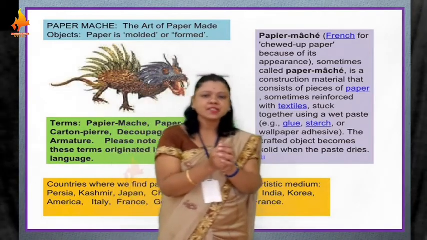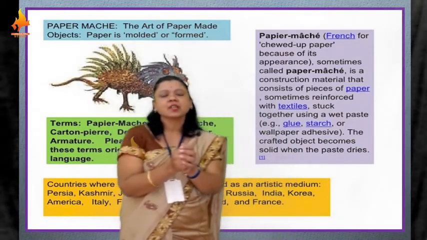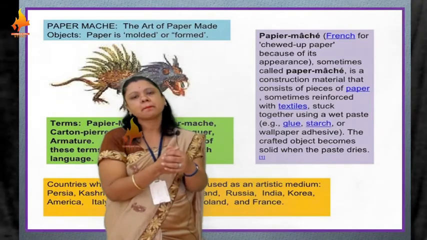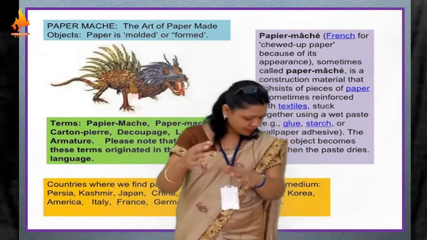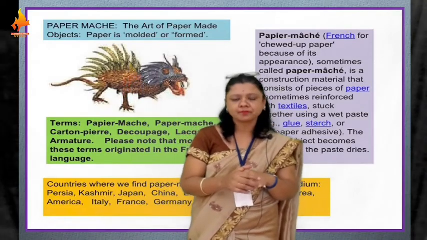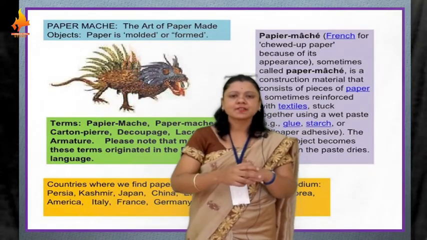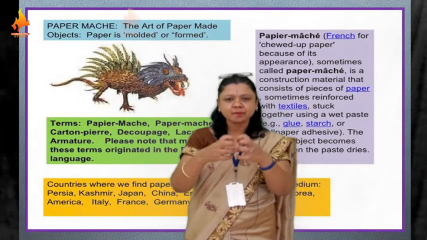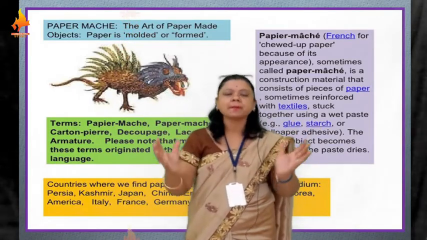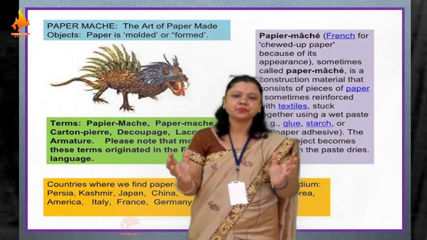And the crafted object becomes solid when the paste dries. So, my dear students, only those things are not sufficient. If you want, you can add more things to make the paste and then prepare something new, right?